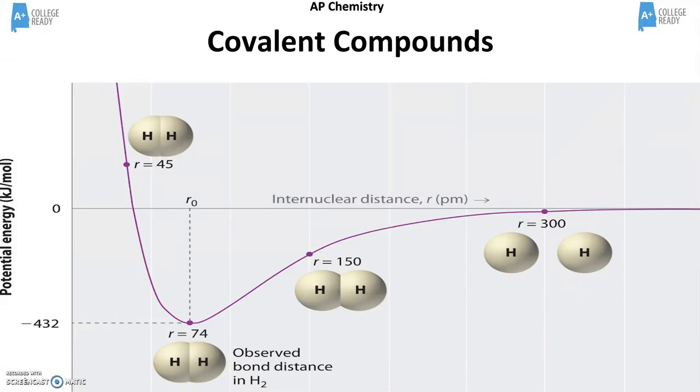And where are we going to see that? Not at the 300 radius difference, not at the 150. At 74, it's squishing too close together, and then it bounces back up. So remember, bond length is the distance between two nuclei where the energy is minimum between those two nuclei. Okay, remember, always lower energy state.